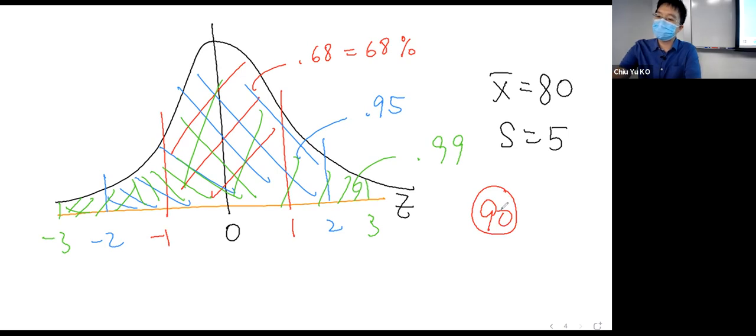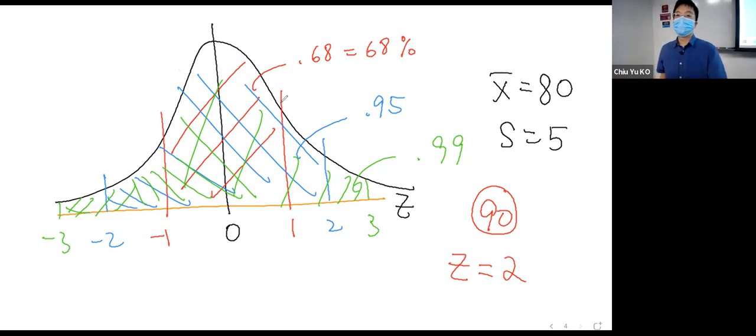Because 90 minus 80 over 5, so your Z score is actually 2, which means that you are actually very good, because 95% are within 2 SD. Actually, you are basically top of the class. So basically, you should get an A if you continue this performance in your final.